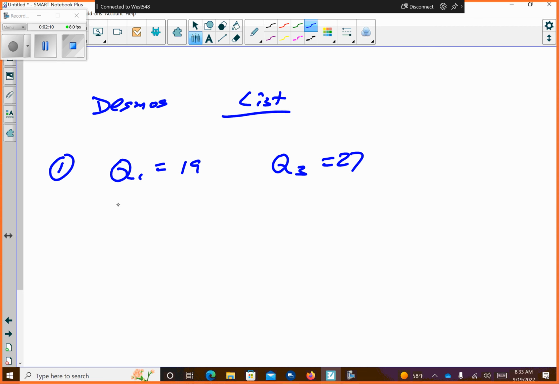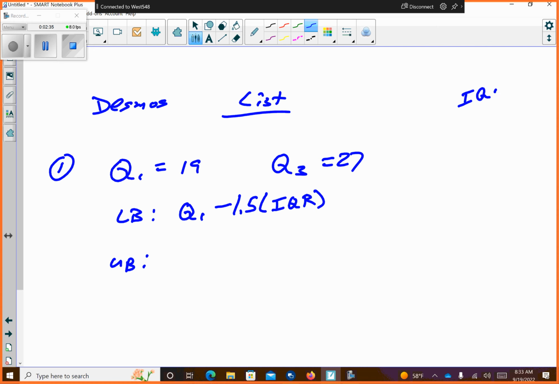And then they want us to find the lower bound and the upper bound. Okay, remember this is dealing with numbers. So the lower bound is Q1 minus 1.5 times the IQR. What's the IQR again?